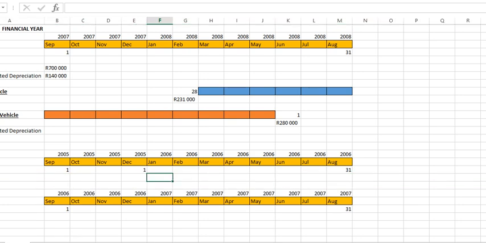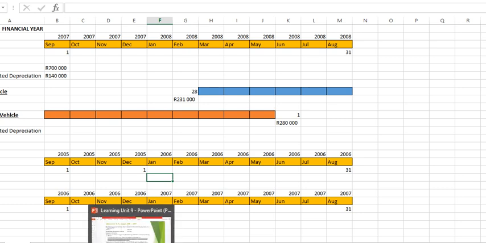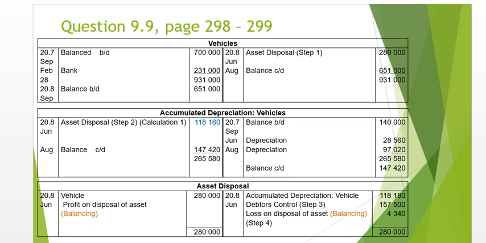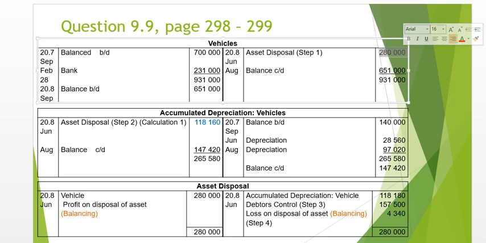So now we're going to record this asset disposal. Let's start with step 1. Step 1, we said, is we need to take out the original cost price of this vehicle. In order to take it out, we need to decrease our assets, and if we decrease assets, then we know we're going to credit.